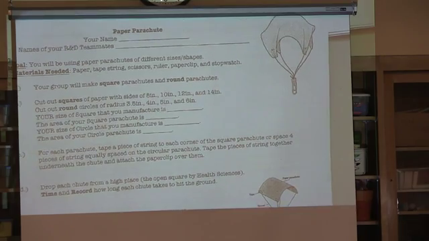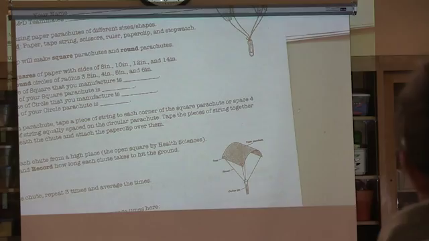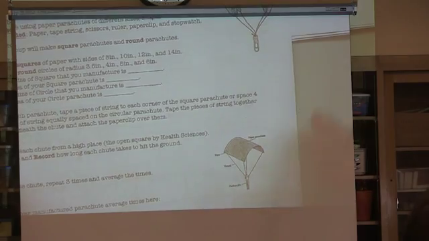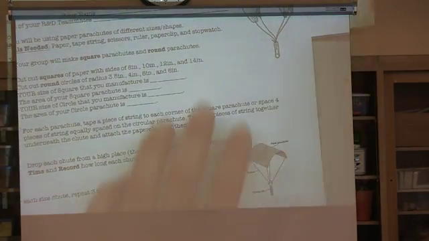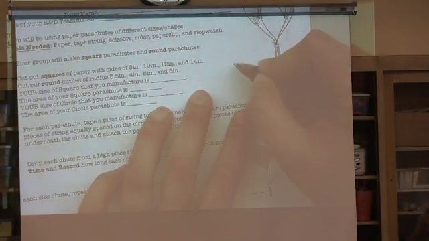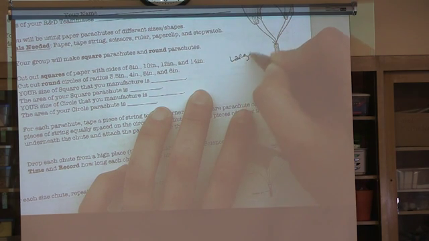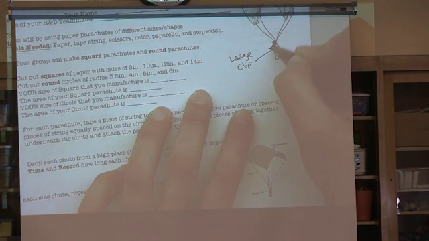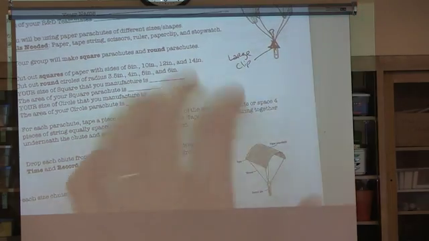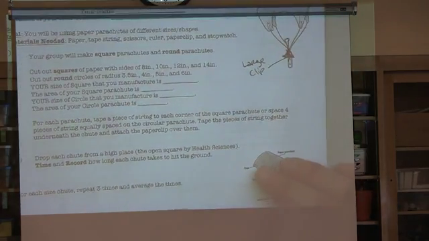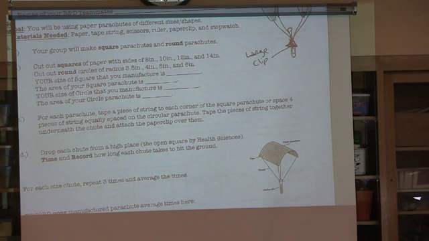First, you're going to manufacture all of your parachutes. The only difference is that we said paper clip. This is going to be a large binder clip, not a paper clip, so they'll be heavier.